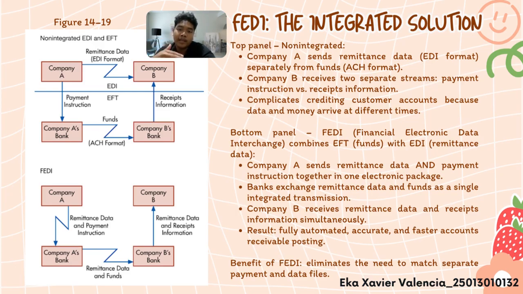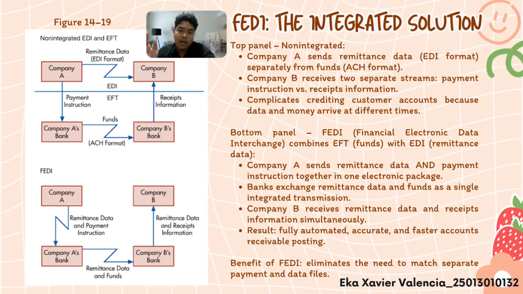And the bottom panel shows FEDI, Financial Electronic Data Interchange. FEDI combines EFT and EDI into one integrated package. So company B sends both remittance data and payment instruction together in a single electronic package, and the banks exchange remittance data and funds as one integrated transmission.